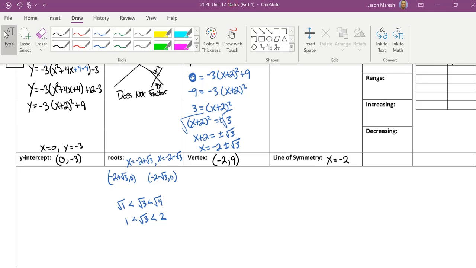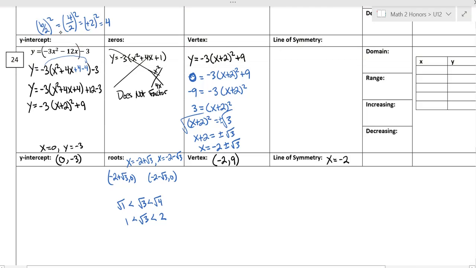When I graph, I'm looking at, well, what's my center, right? Center's at negative 2, so I'm going to push the graph to the right a little bit so that my center could be at negative 2 here. Y-intercept's at negative 3.